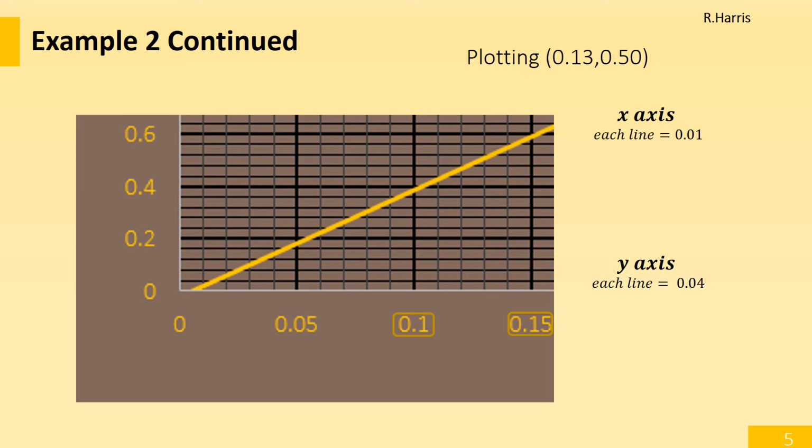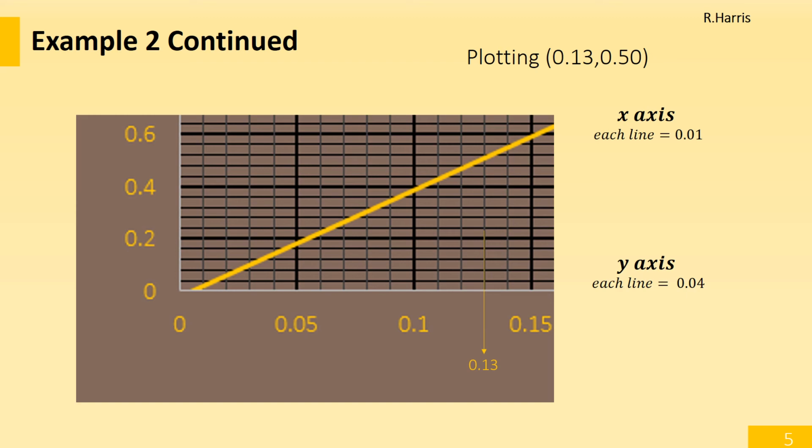And counting using the per line value, we get 0.11, 0.12, 0.13, and 0.14. And we know that the x value is 0.13, so it lies directly on the line.